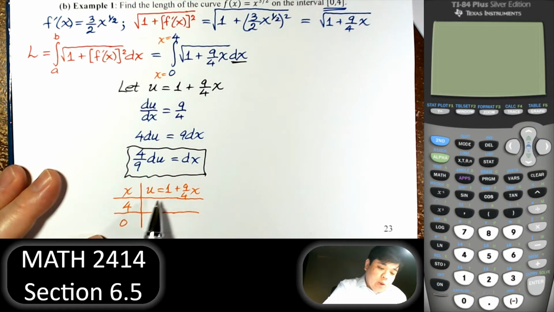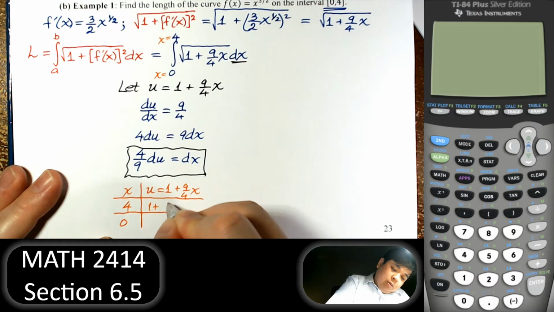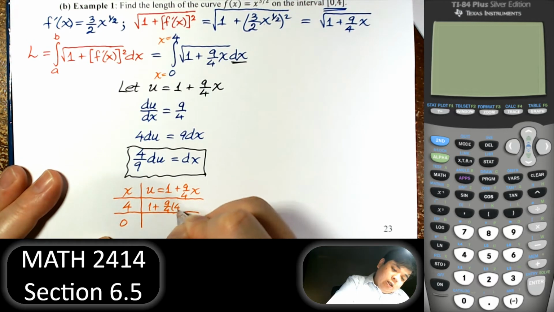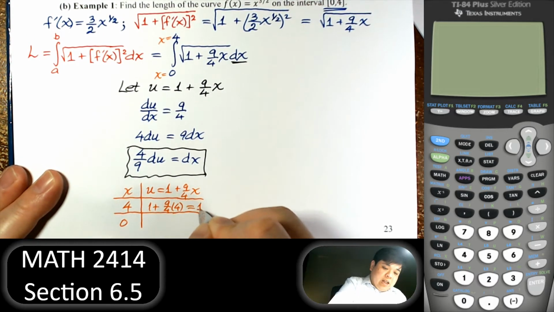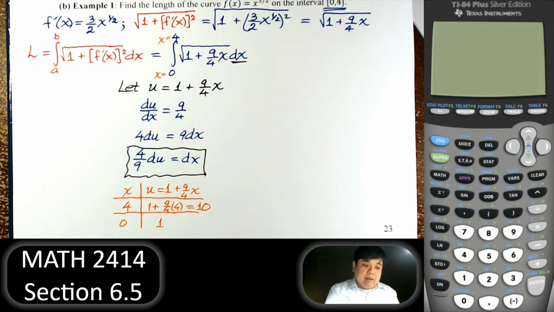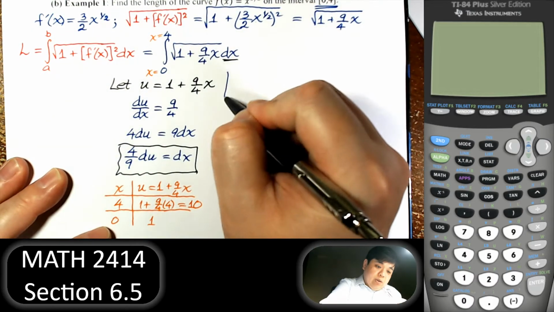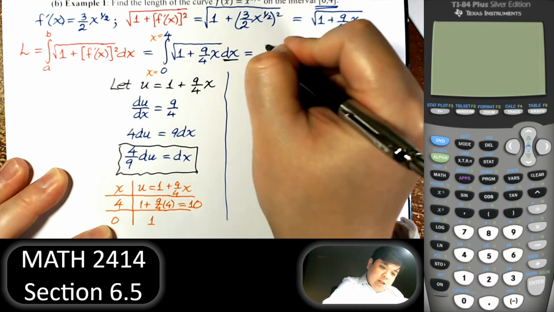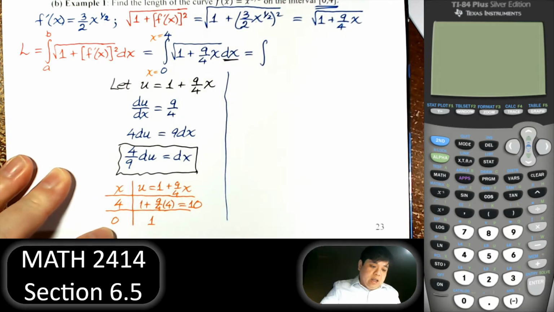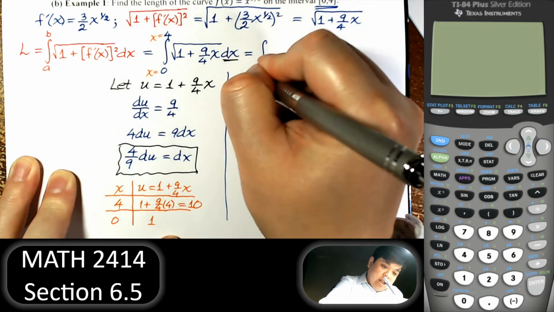When x equal to 4, u equal to 1 plus 9 over 4 times 4. 4 and 4 cancel out, so that is 10. And when x equal to 0, u equal to 1. So this is 1 to 10. And with that, we can substitute into our problem. Now the limit, instead of going from 0 to 4, will go from 1 to 10, and that is the limit for u.